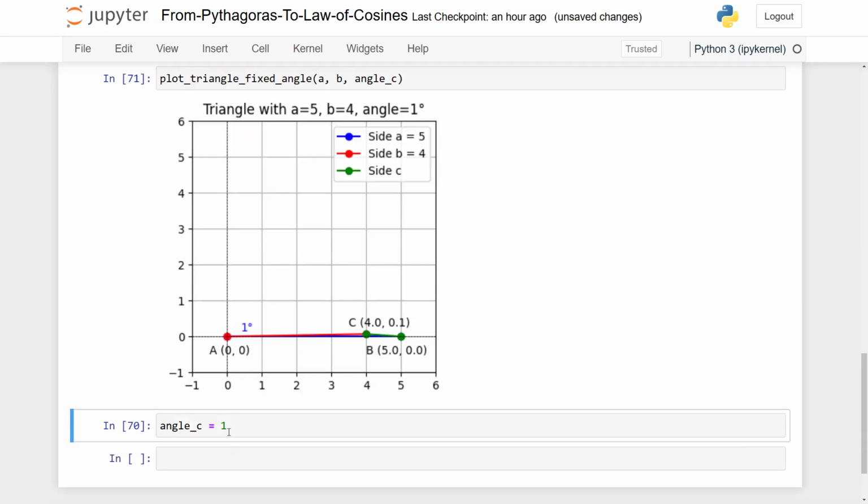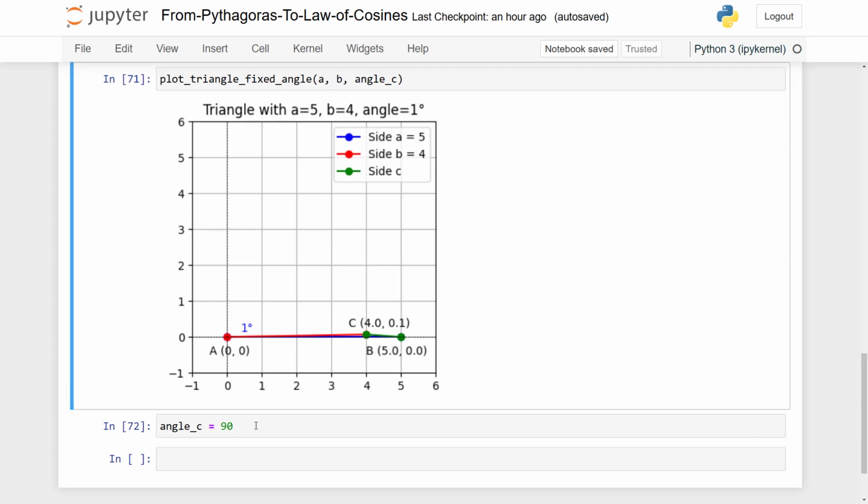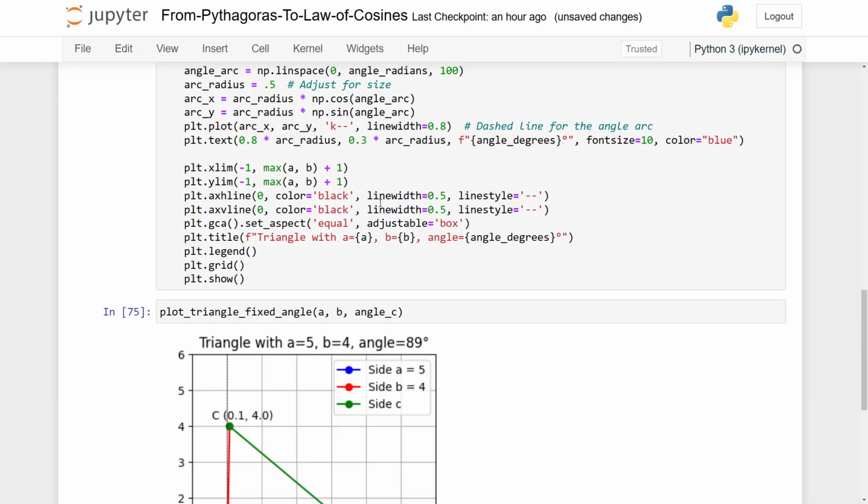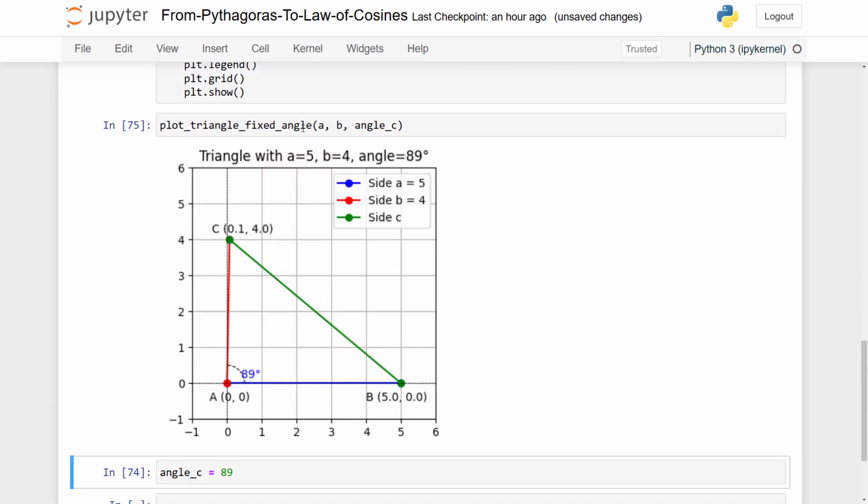Yeah, and we can go with 90 degrees. And then we can say that this is the Pythagorean theorem, which should be okay, I guess. Yeah, it is 90 degrees, you're seeing it yourself. And yeah, we can make it 89, so you feel a bit unhappy if you are like with OCD or something, but this is how it looks like.